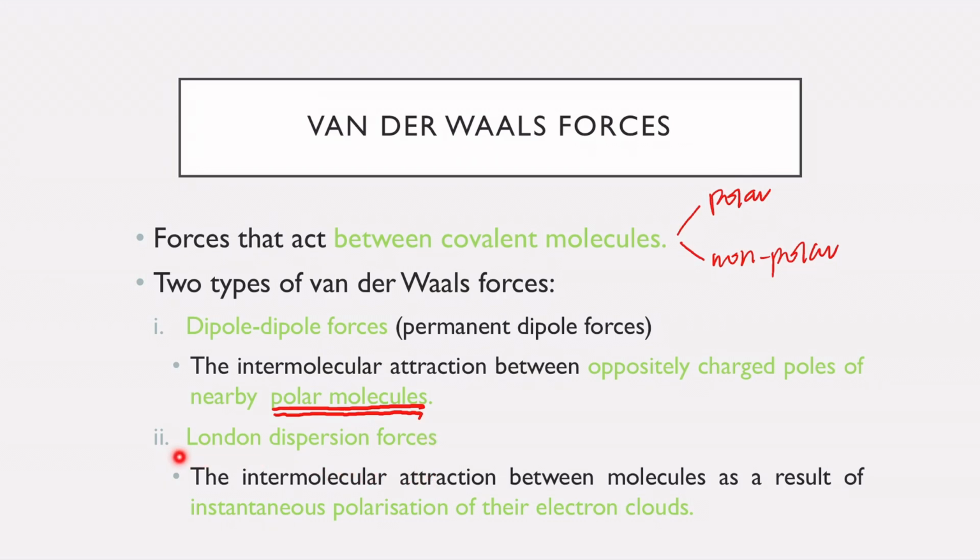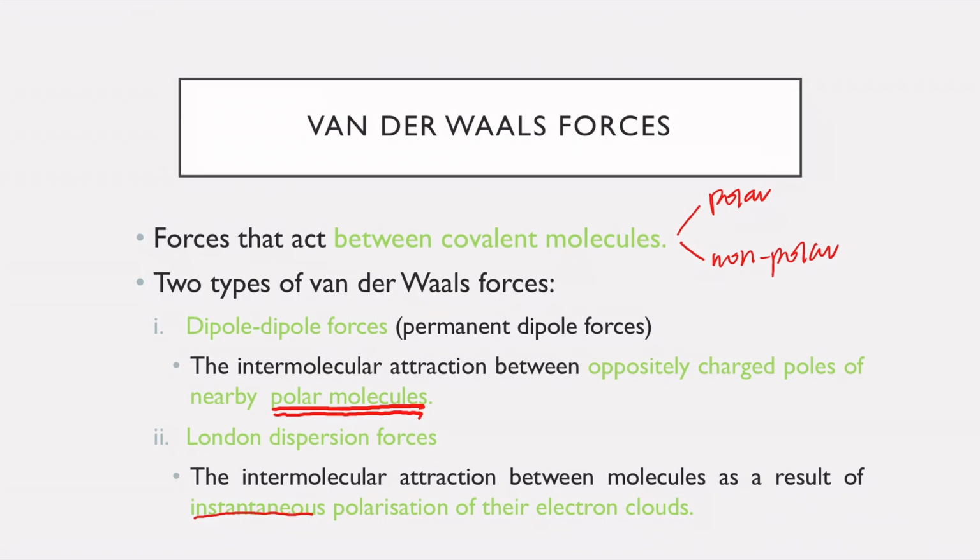The next one is London dispersion forces. Dispersion, like disperse, like an infection, contagious. It is the intermolecular attraction between molecules as a result of instantaneous polarization of their electron clouds.